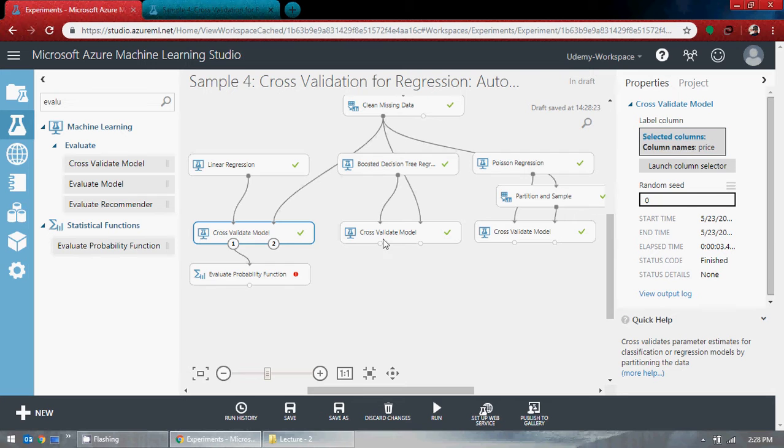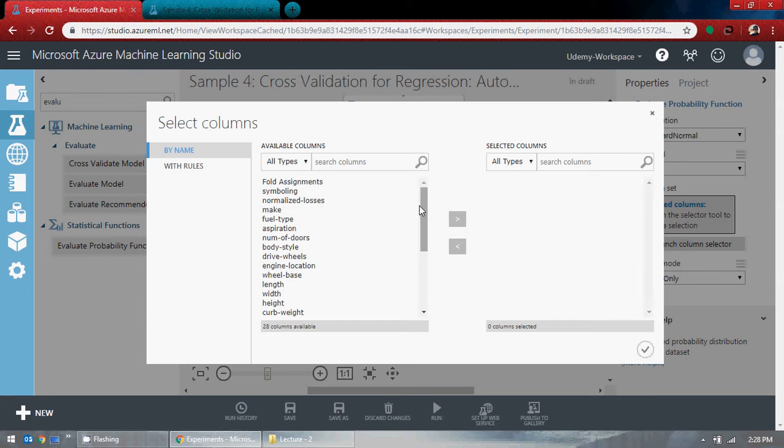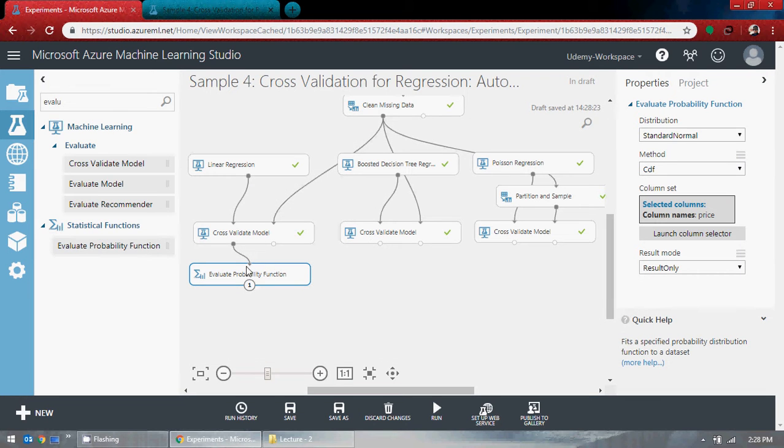This column is price. Fair enough, we'll use price. So go to this column and use price.